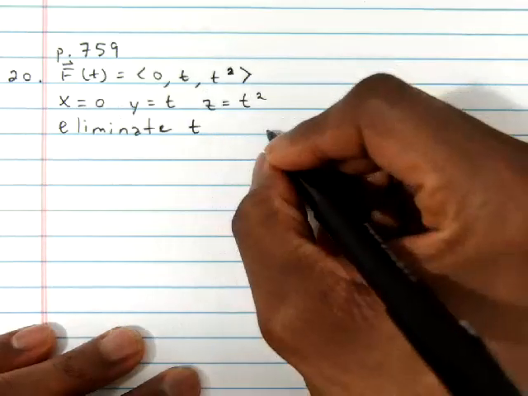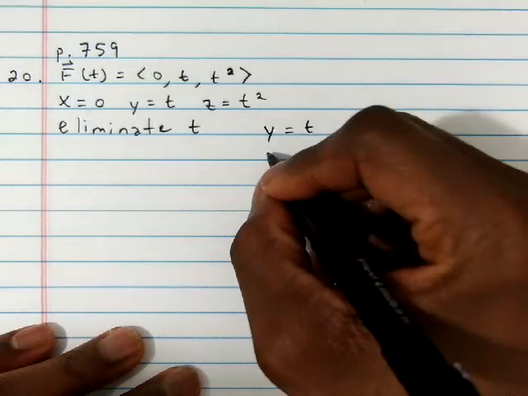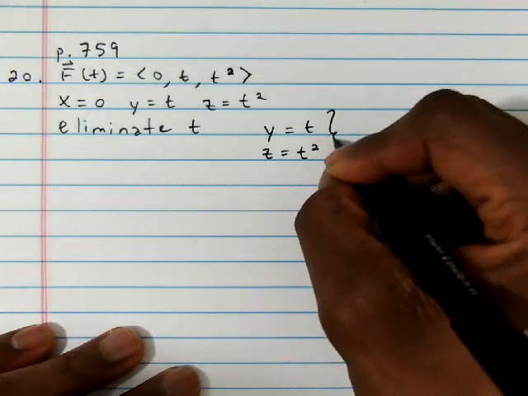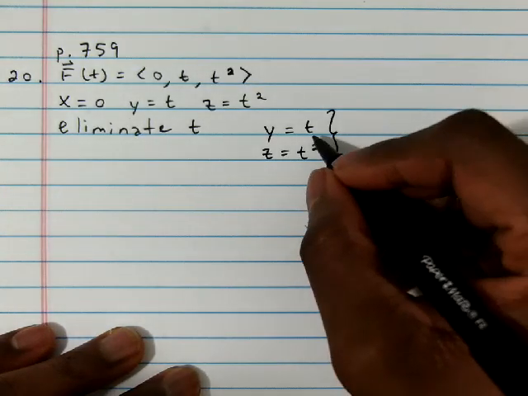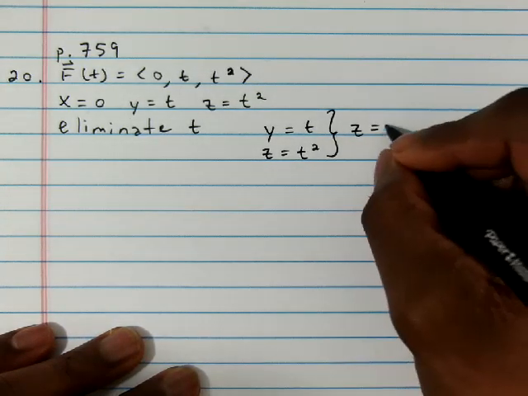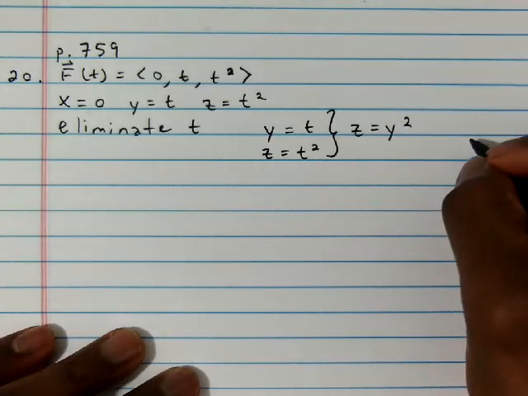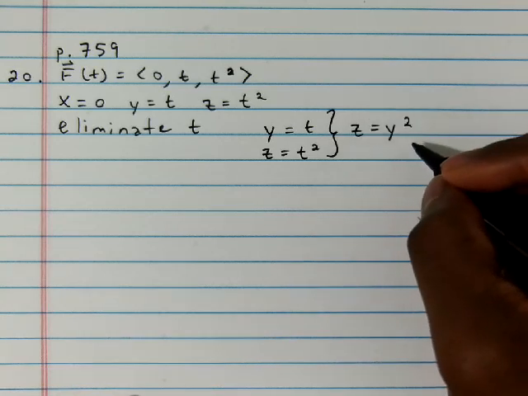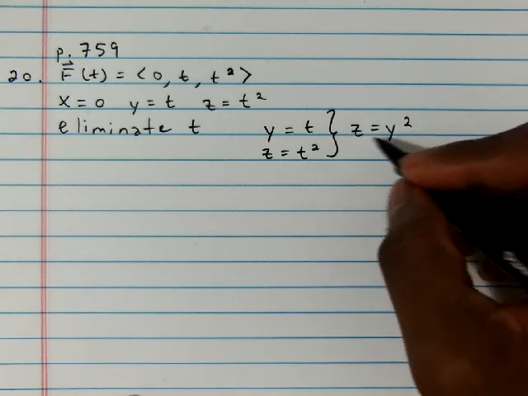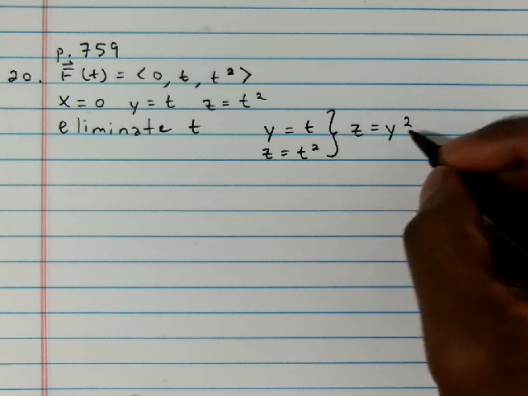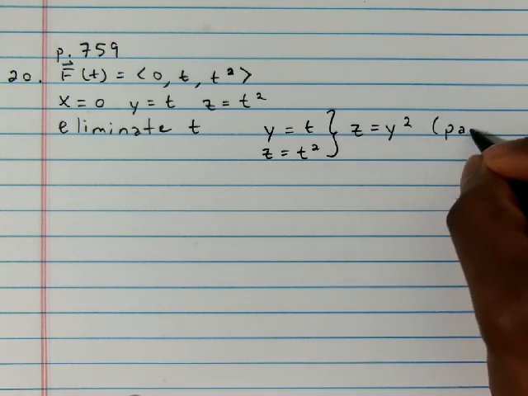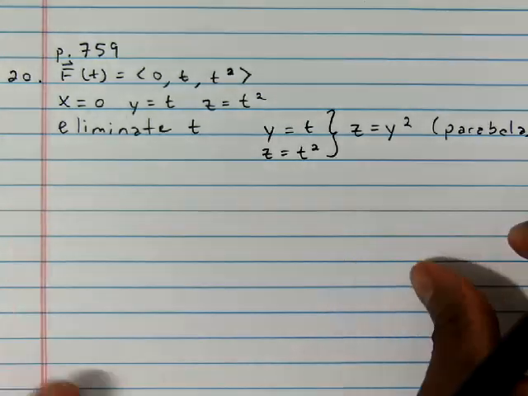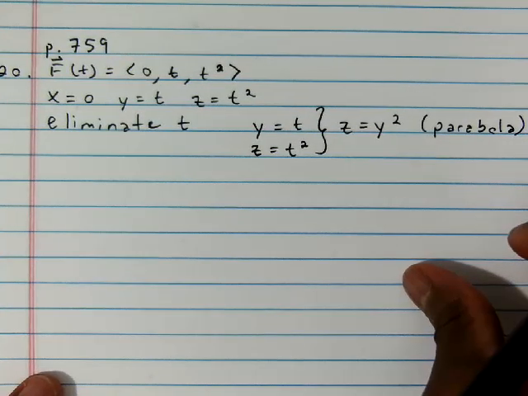The fact that we have y equals t and z equals t squared, those two things coupled together give us that z equals y squared. This is the type of equation we're very familiar with. Normally we have it in terms of x and y, but it's not a big deal that we have it in terms of z and y now. This would just be a parabola.